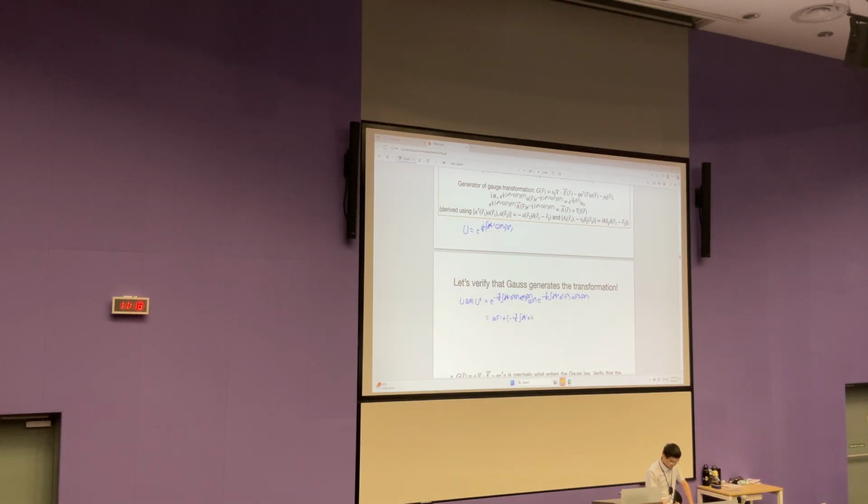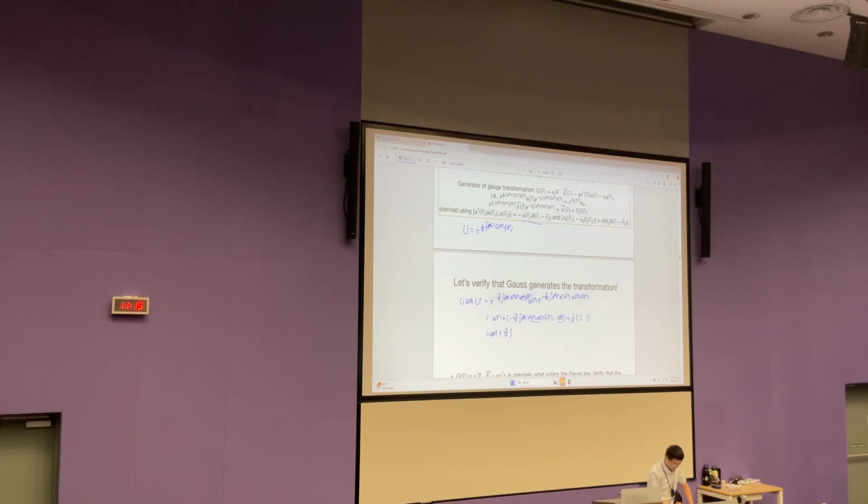And then there's some nested commutator, right? Let me just carry out the calculation for the first term. You can do it for the rest of it. The commutator between this part and this part, according to here, is just minus.